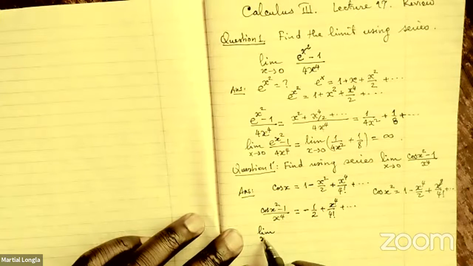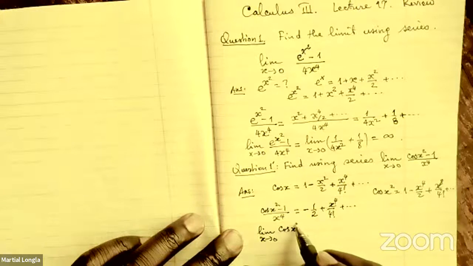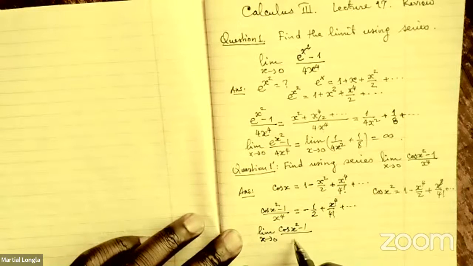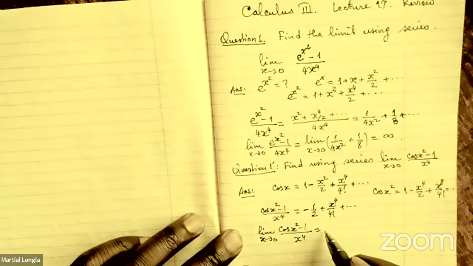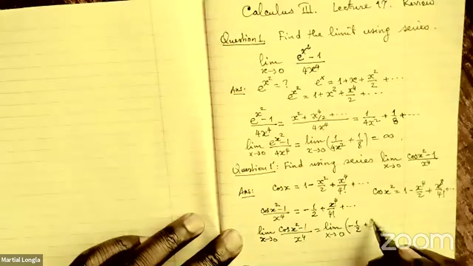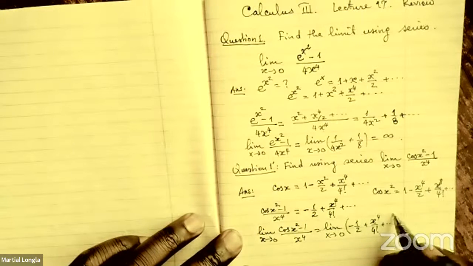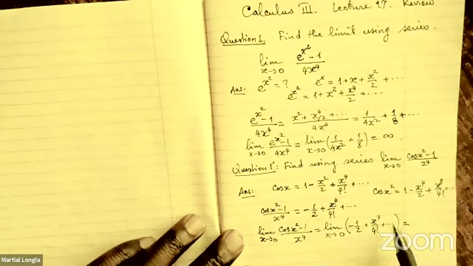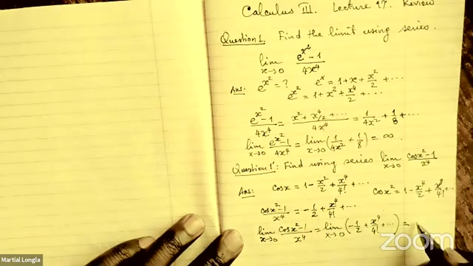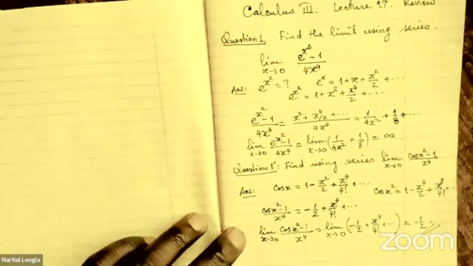So you have the limit as x goes to 0 of cosine x squared minus 1 over x to the 4th equals the limit as x goes to 0 of minus 1/2 plus x to the 4th over 4 factorial. And because this term goes to 0 and all of this goes to 0, the limit is minus 1/2.